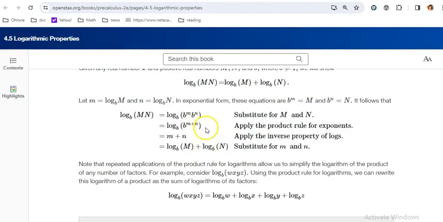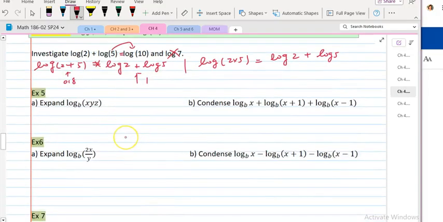They prove it here, so if you're interested in why it works in general, it's there. You start with log base b of m and log base b of n, write them back in exponential terms, and then you come up with the proof. You can read the textbook.